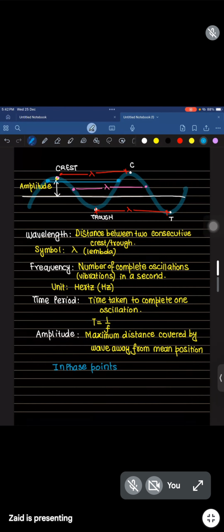Okay, so if we have a graph like this, if the waves are formed like this, this is going to be loud sound, and that's going to be a soft sound. So that means loudness depends upon amplitude. Are you getting it?